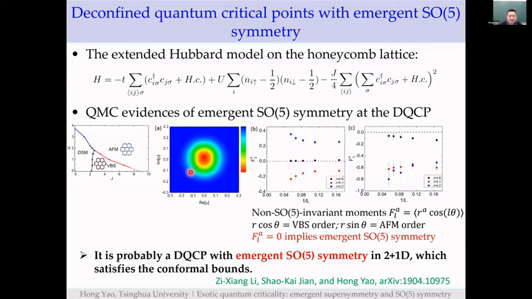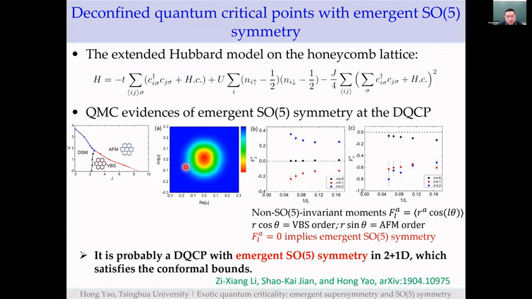Great, thank you. And for this VBS order parameter, actually it is a Z3 order parameter because the lattice has Z3 rotational symmetry. But at the quantum phase transition, there's an emergent U(1), namely the real component of the boson and the imaginary component of the boson have this circular shape.